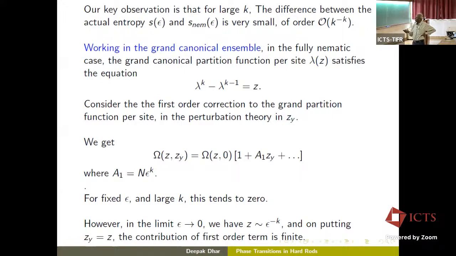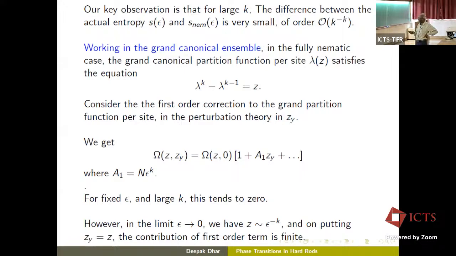It's easy to work out this first coefficient. It is just n epsilon to the power k. Epsilon was the density of holes, and now I am taking epsilon to the power k. So if epsilon is fixed and finite and k is increased, then this contribution can be made very small. So for fixed epsilon, large k, this tends to 0.